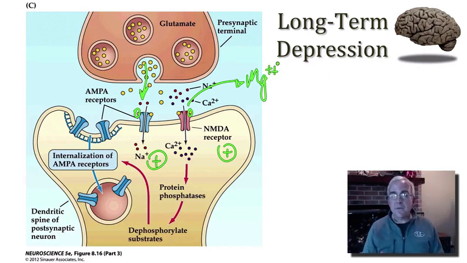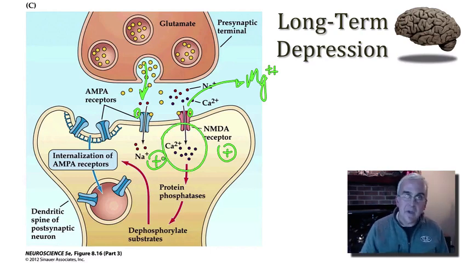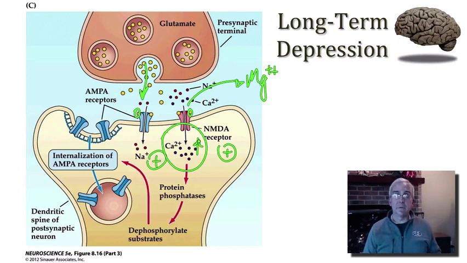However, the amount of depolarization that leads to depression is not so great that we have a rapid, high-level increase in postsynaptic calcium. Rather, the amount of calcium that rises within the spine is relatively modest compared to what we saw with the stimulus that gives rise to long-term potentiation. So what we have is a slower, lower level increase in postsynaptic calcium.